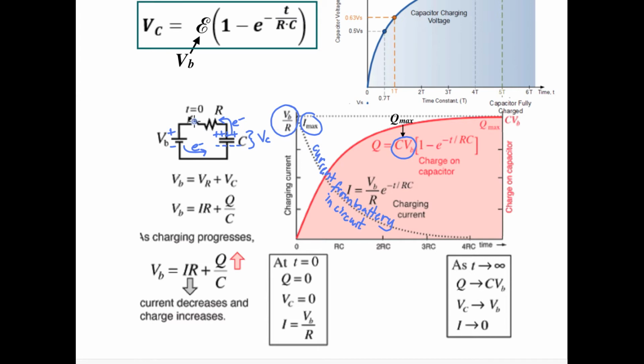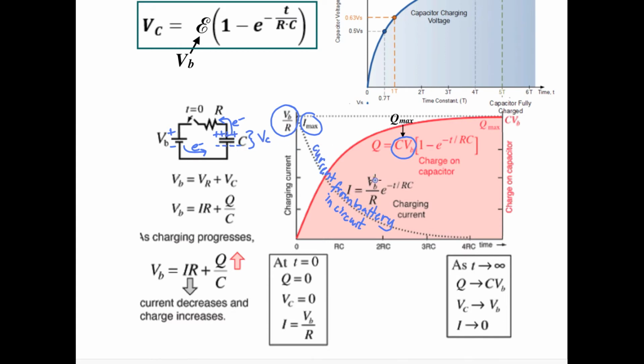The resistor was the only thing resisting flow at first, so you have calculated the maximum current you could have given that resistor and that voltage of the battery. Then as time goes on, that current decays very quickly. The amount of current goes down quickly as this charge builds up, and it builds up basically an internal resistance because, of course, electrons don't want to go towards a large body of electrons.